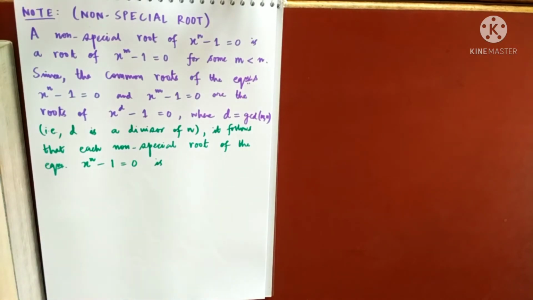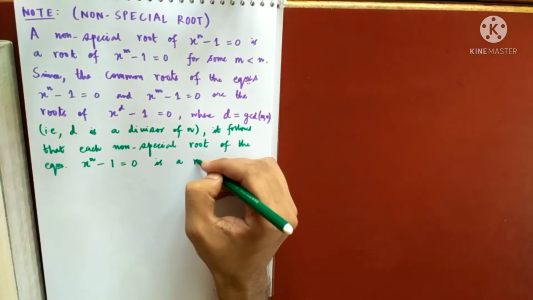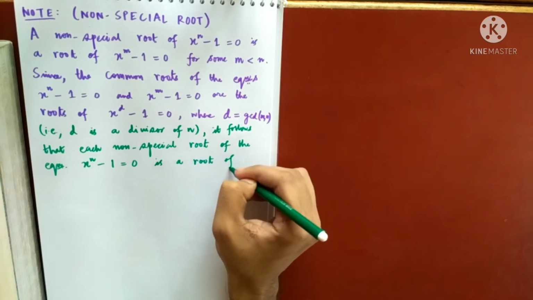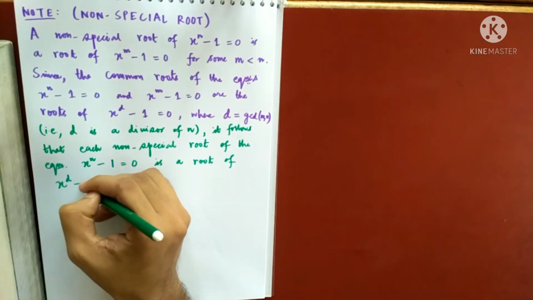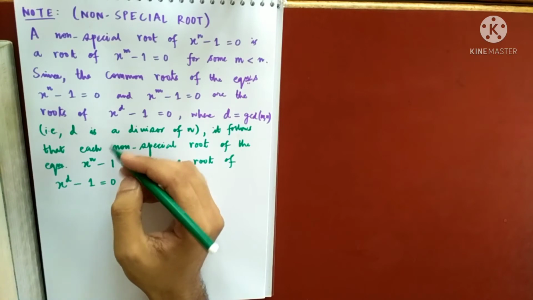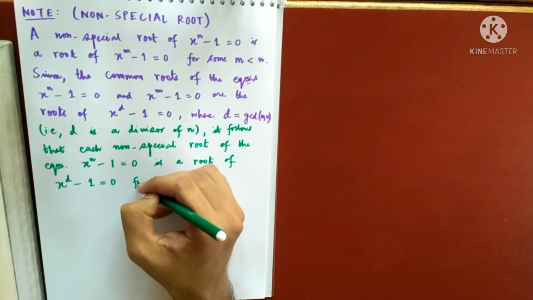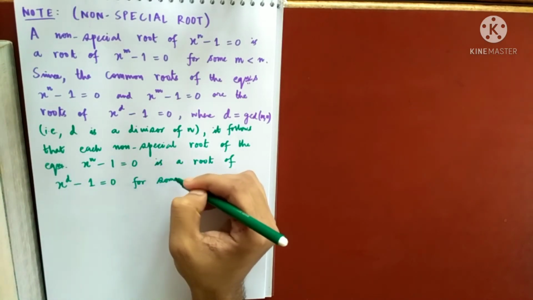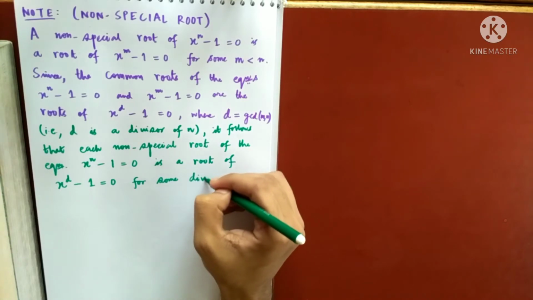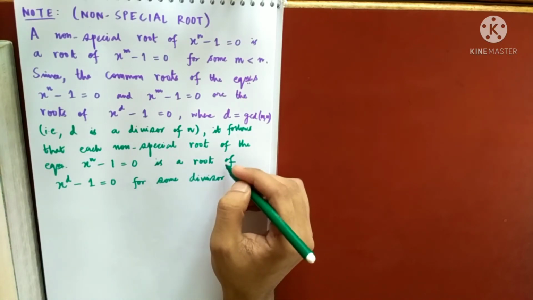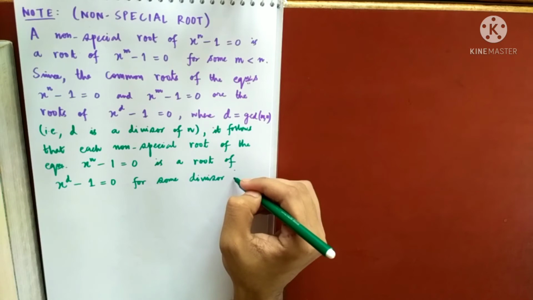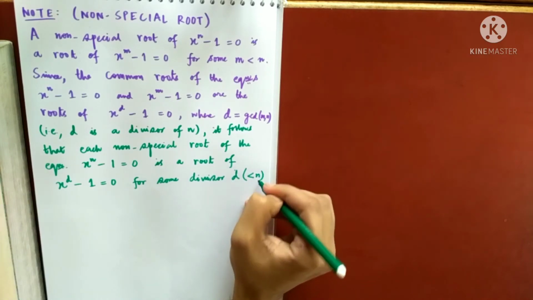Yes, so it follows that each non-special root of the equation, this is a root of x to the power d minus 1 equals to 0 for some divisor d of n, which is strictly less than n.